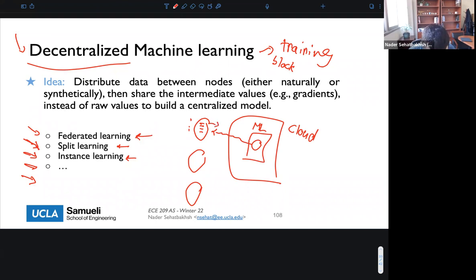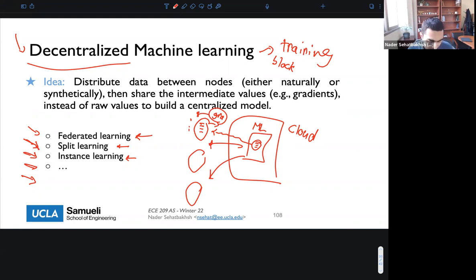So they're going to send the partial gradients back to the cloud. The cloud will update this model based off these gradients, then move to the second one, to the next one, and next one. So basically what would be available to the open public would be these partial gradients, and there are no known methods, for example, for reverse engineering these gradients in order to find the actual raw data.